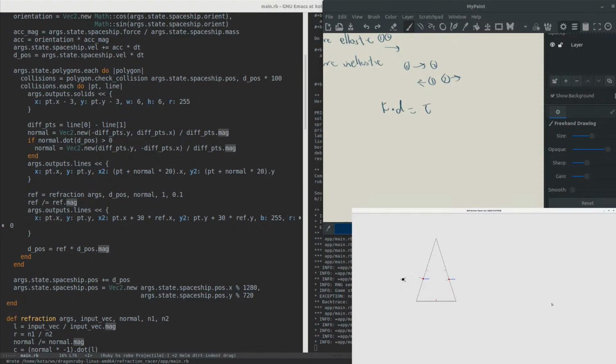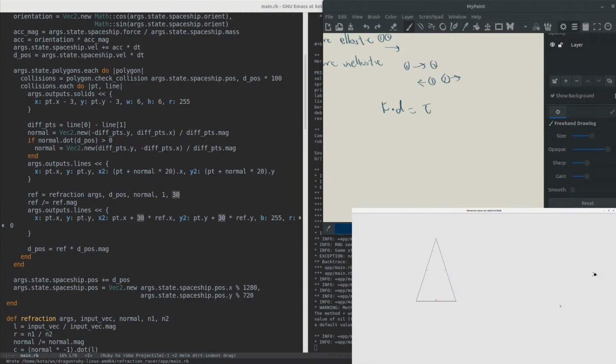Okay, why don't we slow it down a bit? It certainly jumps. Oh, I should go the other way here. Oh, there we go.